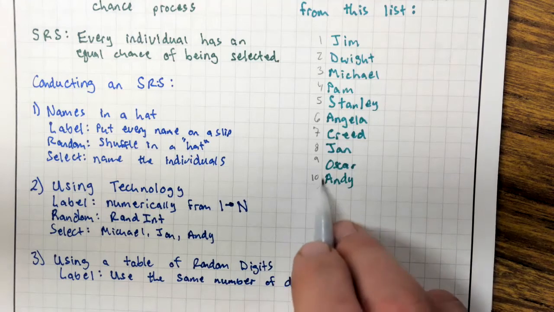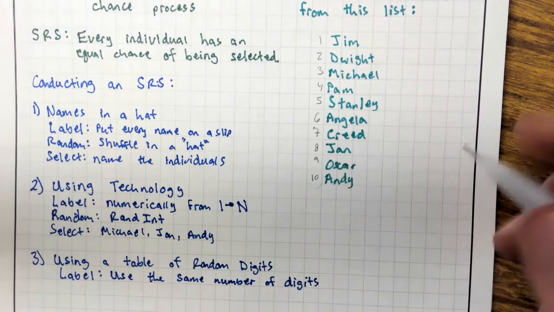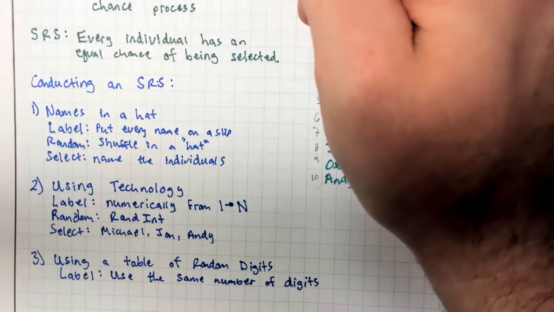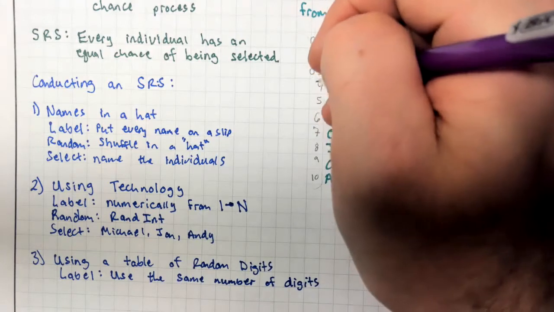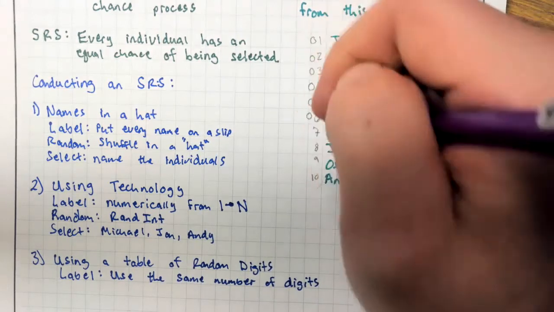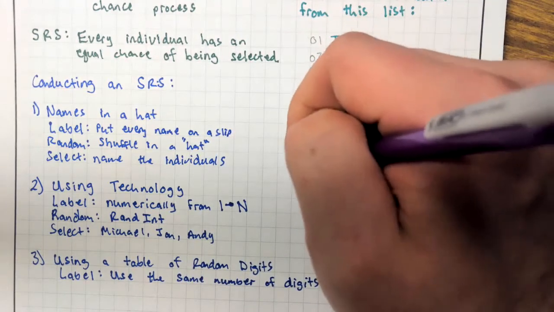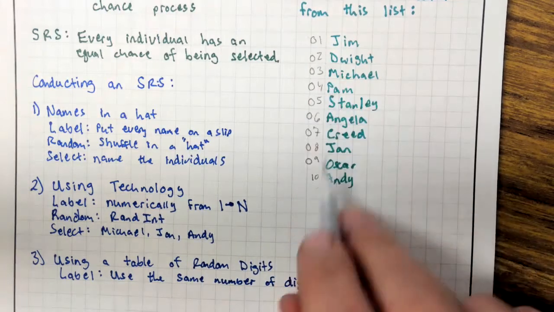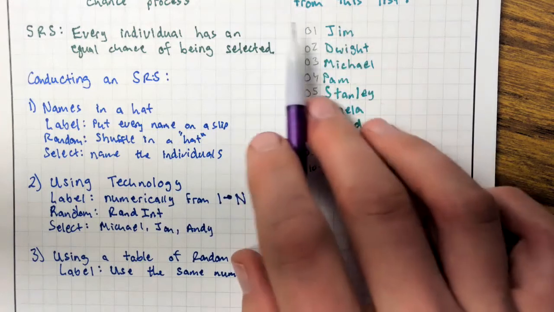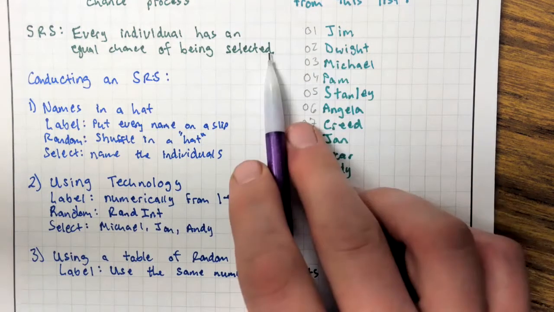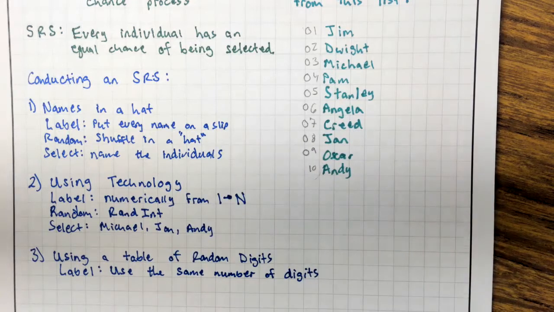So you have a couple ways around this. What I can do is just add a 0 in front of everybody's number. 01, 02, 03, 04, 05, 06. And now we all have 2 digits. So you want to use the same number of digits, and you want to keep the number of digits as small as possible. I wouldn't have wanted to go to 1,000 for Jim, 1,001 for Dwight, and so on.